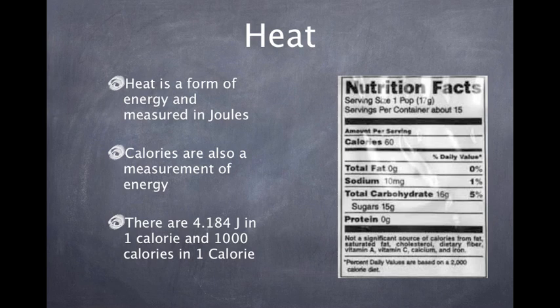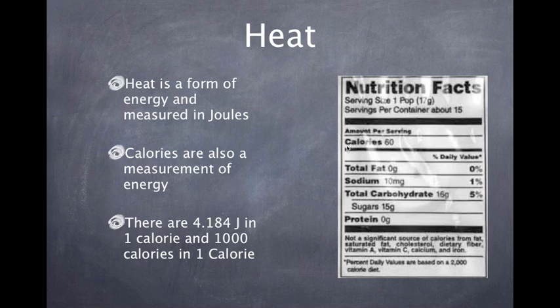The common conversion factor that we have for energy is there are 4.184 joules in a calorie, and if you notice, this is a small c calorie, and there are 1,000 calories in a capital C Calorie. Now, the actual term for this is a kilocalorie, but they tend to not put the K in front of it. They just tend to make it a capital letter, so it can be confusing. So if you were to look at a nutritional label, this is actually a kilocalorie, 60 kilocalories, not just 60 calories.